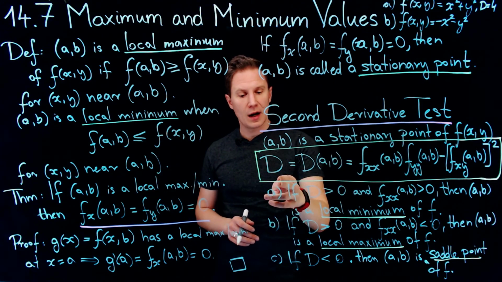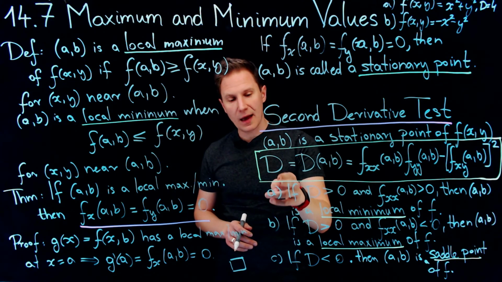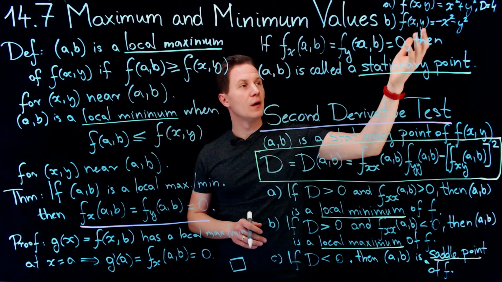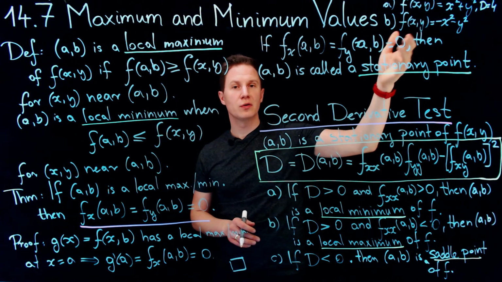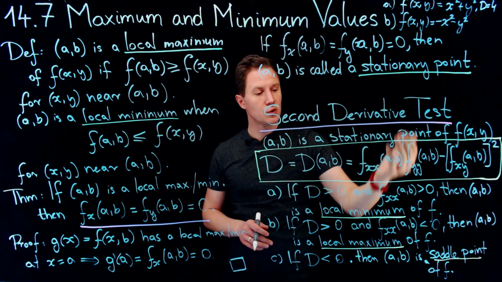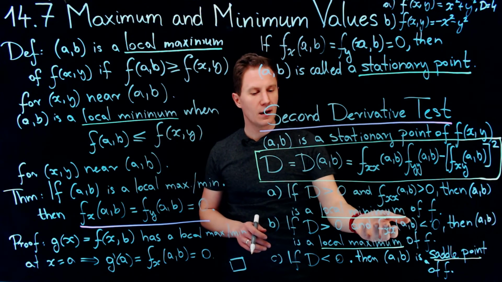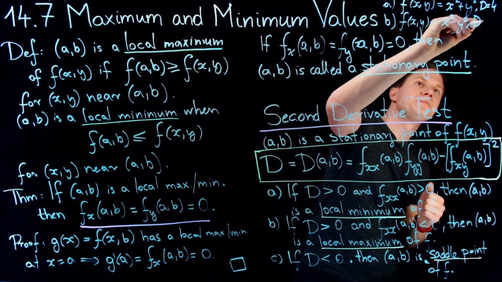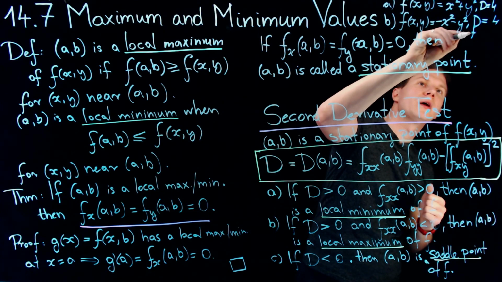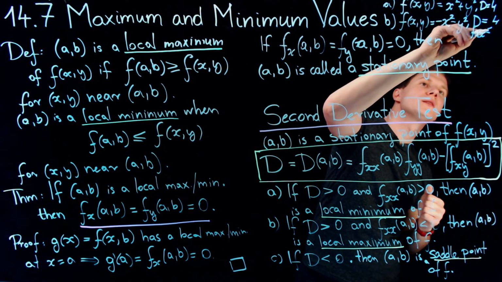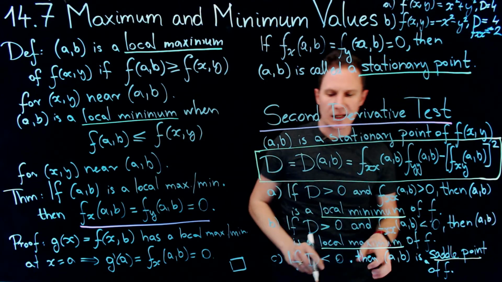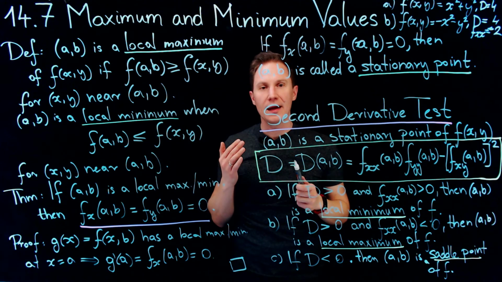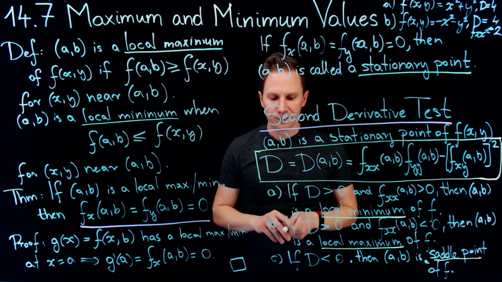So again, you are either in case A or B. What differentiates between them is the second order partial derivative with respect to x, which is minus 2, so that's negative in the case of this function. So D is 4, but the second order partial derivative with respect to x is minus 2, so that's why we are in this case B.